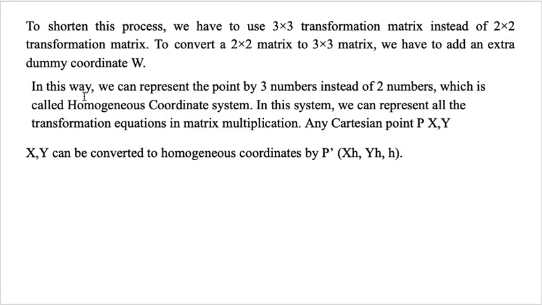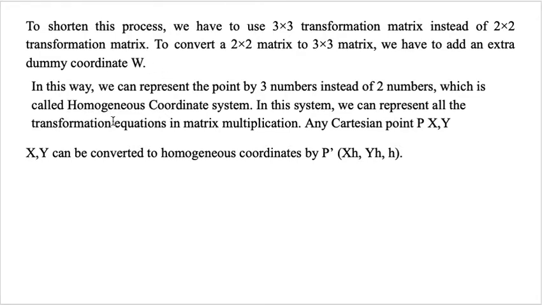In this way, we go from a 2 by 2 matrix to a 3 by 3 matrix for 2 dimensions. For 3 dimensions, there would be a 4 by 4 matrix, and one is a dummy coordinate w, the same as in 2D.